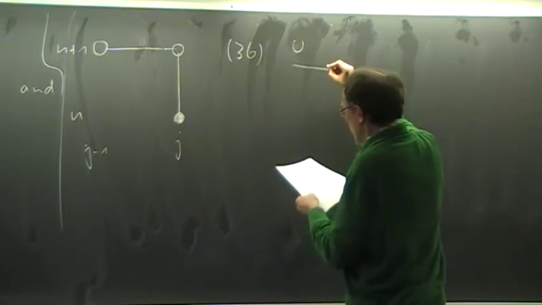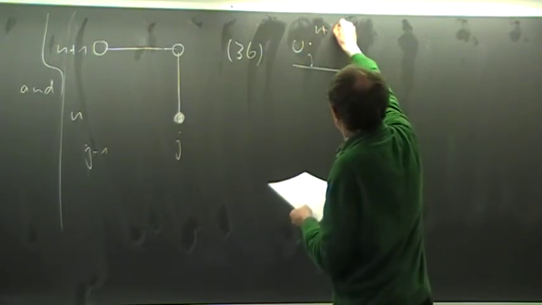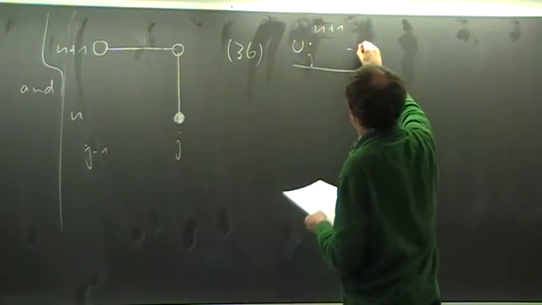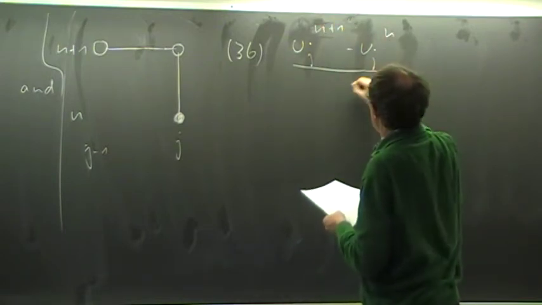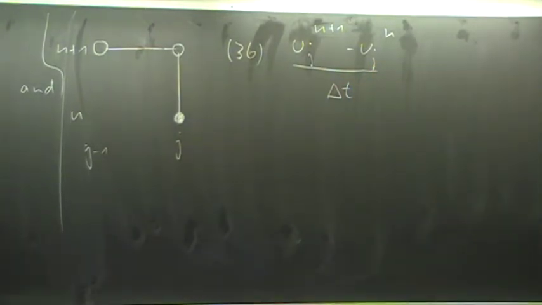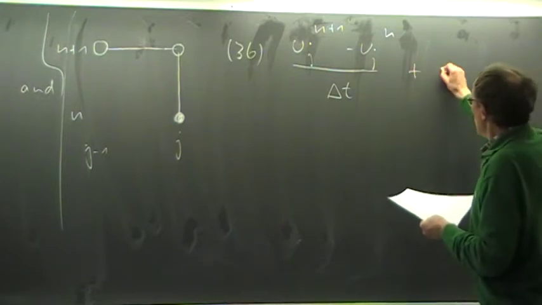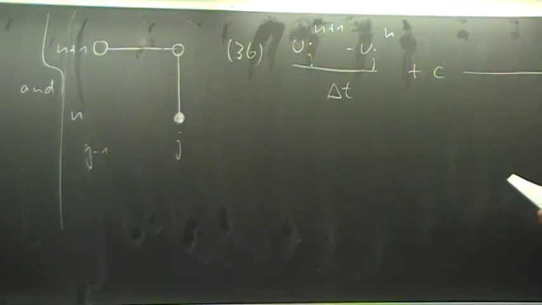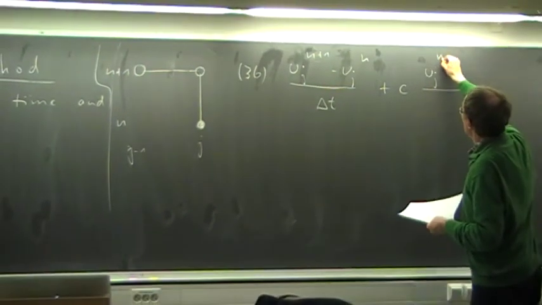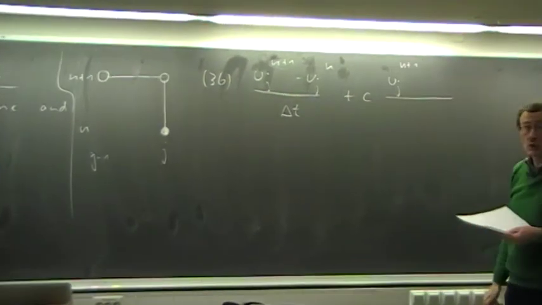We have a similar time discretization, u_j^(n+1) minus u_j^n divided by delta t. That is the discretization of du/dt. Now we take c times the difference, again upwind, but at the new time level.